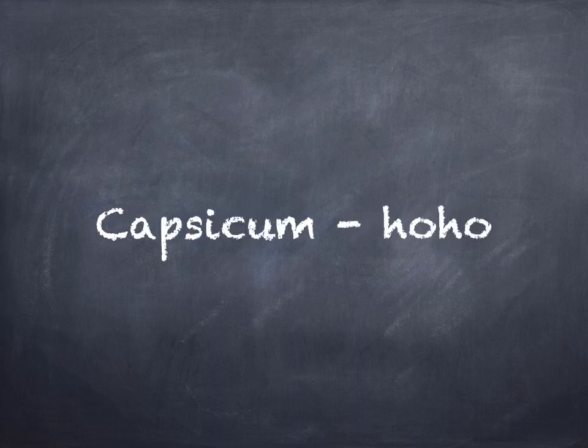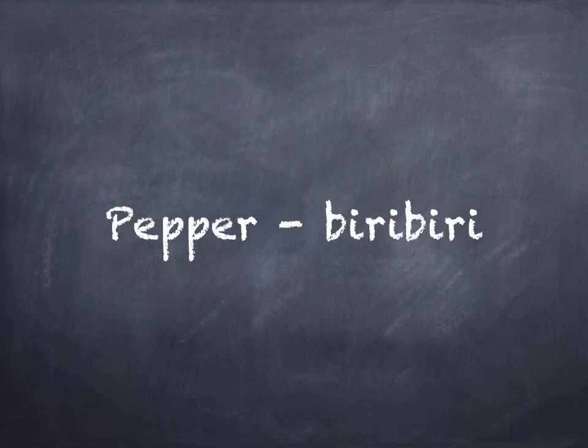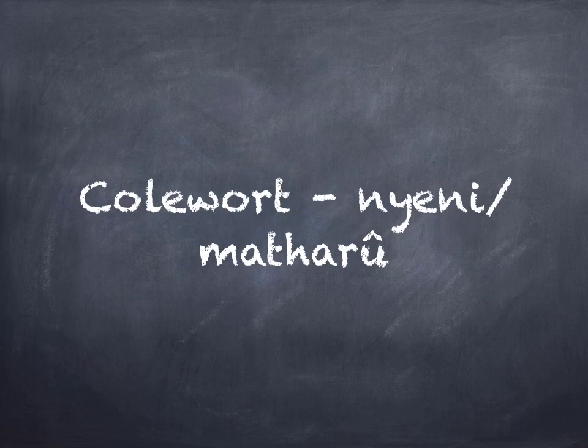Capsicum known as ho-ho. Pepper known as firifiri. Another staple is the collard greens known as nyeni or madaro.